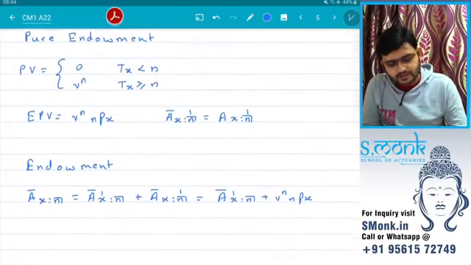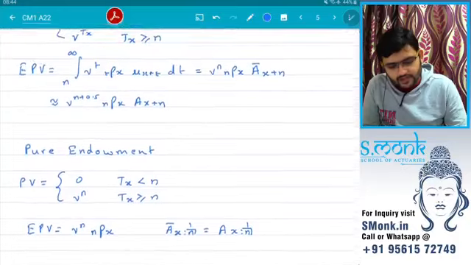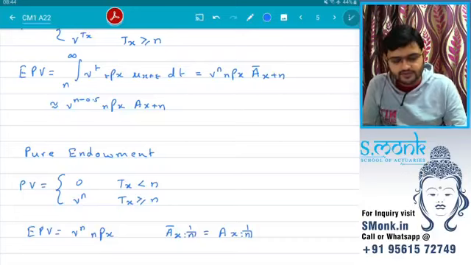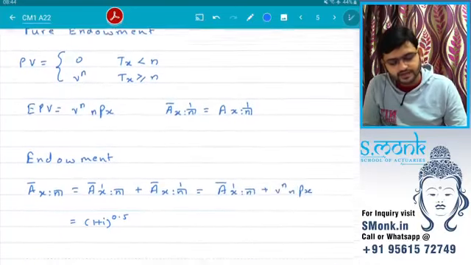So this would be 1 plus i raised to half. Okay, I made a small mistake here. This should be minus because we get 1 plus i raised to half outside. This should be v raised to n minus 0.5. Just make sure in deferred we write it correctly.